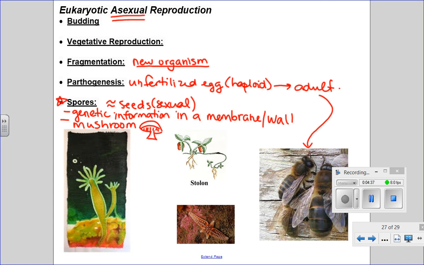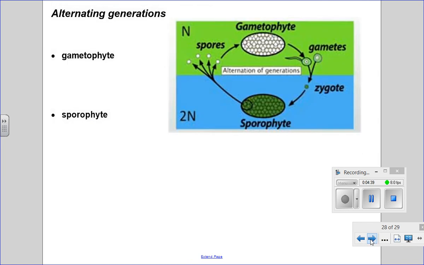So we're going to take this idea of spores and we're going to continue it. There is a picture here which you could find in your textbook in a very similar form. In your textbook, you would be looking for page 577. And there's a similar picture there if you're writing things down and you don't want to recopy this.